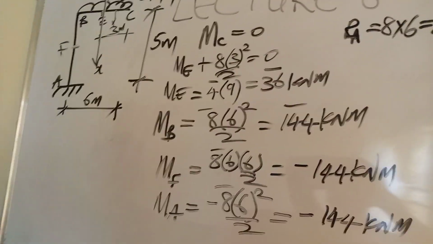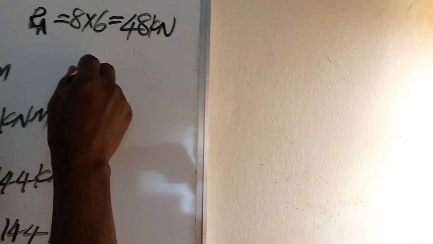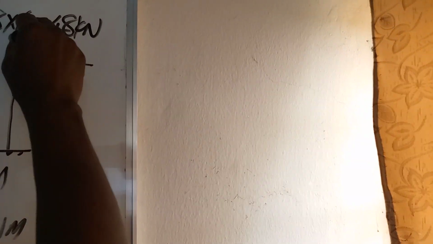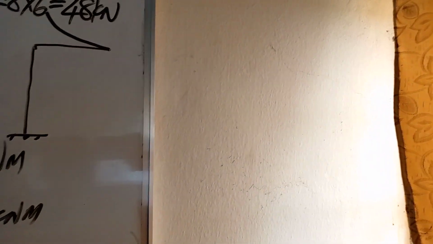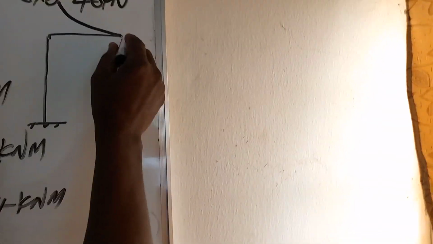So if I wish to draw the bending moment diagram, I have the structure this way. The diagram will be like this, because number one, the bending moment at C is 0.